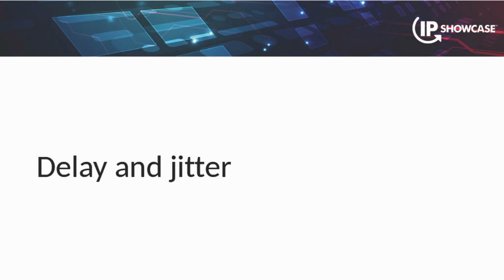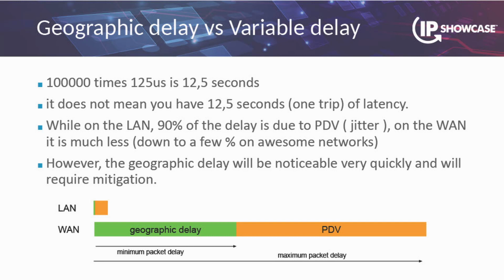So let's talk about delay and jitter. You're on a typical LAN, and this is the packet size of ST 2110. You have generally an expected latency of 125 to 250 microseconds when transmitting data. So if we have a network that is 100,000 times bigger, do we get a latency that is 12.5 seconds?